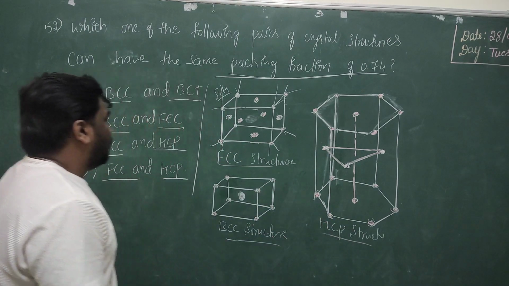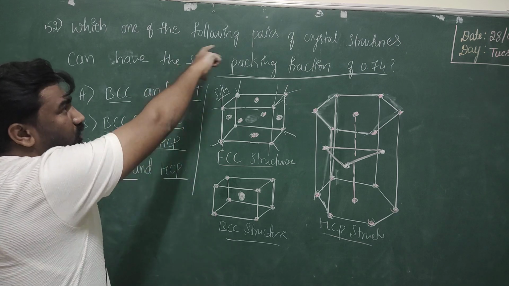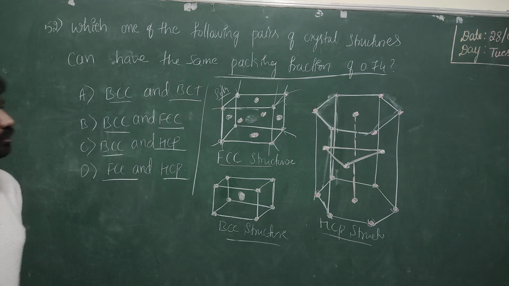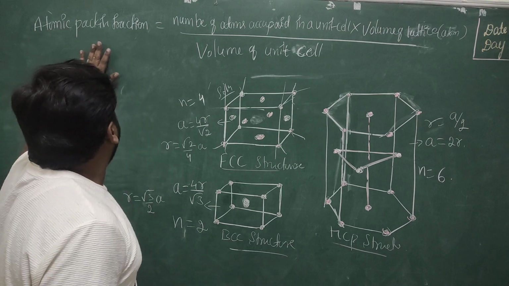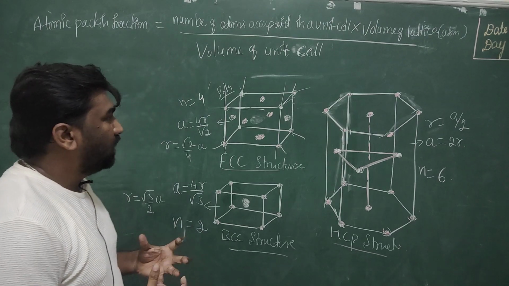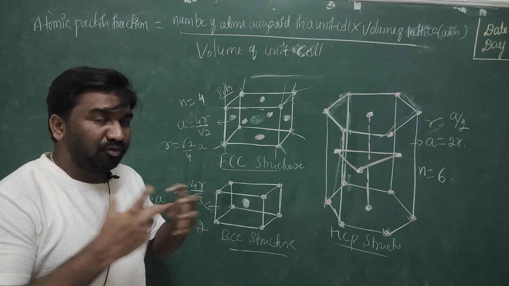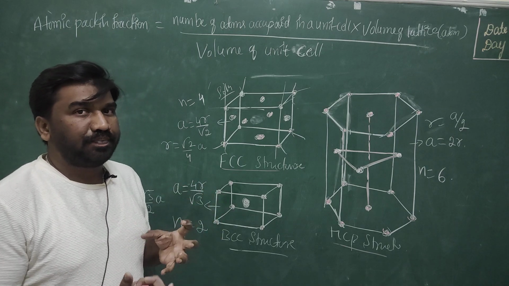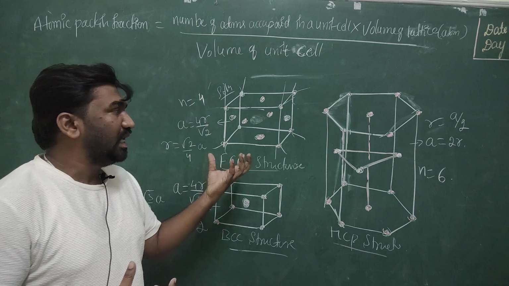Okay, so now let us calculate packing fraction. For that I am going to rub this question part. Atomic packing fraction means it gives how the lattice points are arranged or packed in a crystal, which also gives the density or hardness of a crystal.